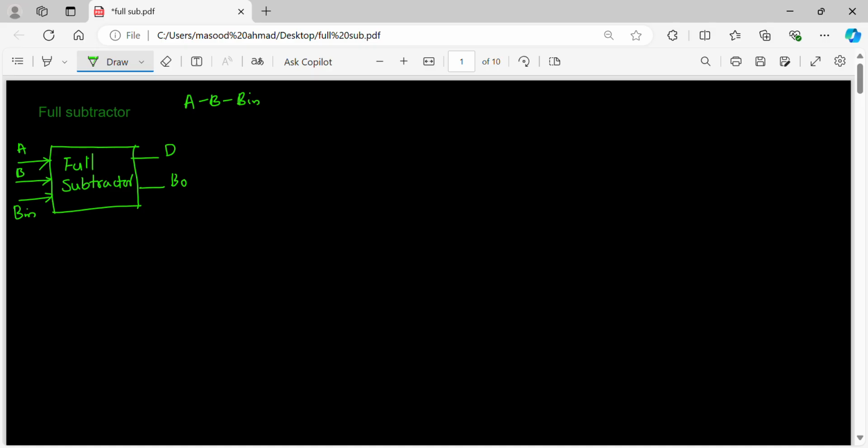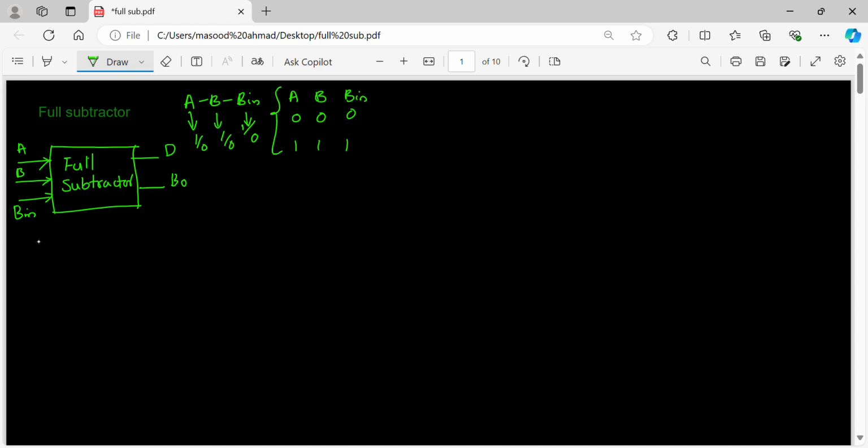Now what are the possibilities? A can be 1 or 0, B can be 1 or 0, B in can be 1 or 0. What are the possible combinations that I am going to get? There are three positions, and in place of A, B, B in, I can start with three zeros, and the extreme is I can keep all ones.